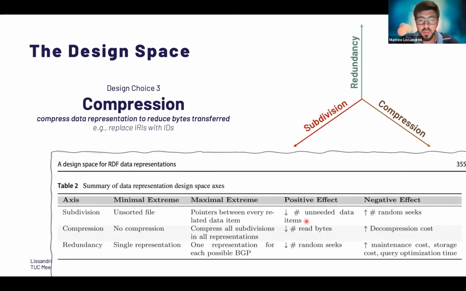So when we look at all these things together in the paper, we can define this design space, the subdivision, redundancy, compression design space, and we can identify how moving within this design space can provide us benefits or instead some drawbacks.